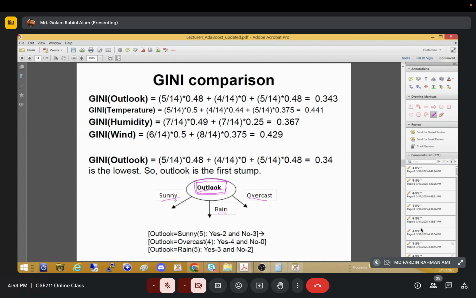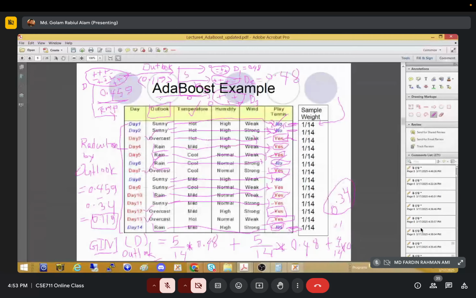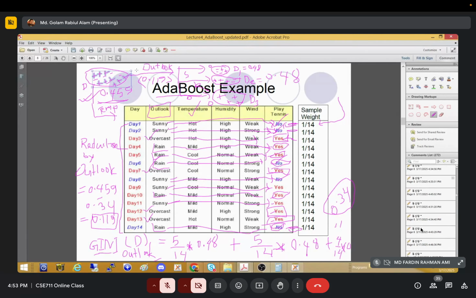Now we have to think about what the answer will be if outlook equals overcast. From our data set, for the outlook splitter, with sunny, rain, and overcast, for overcast all the times we made positive decisions; there are 4 positives in D3.